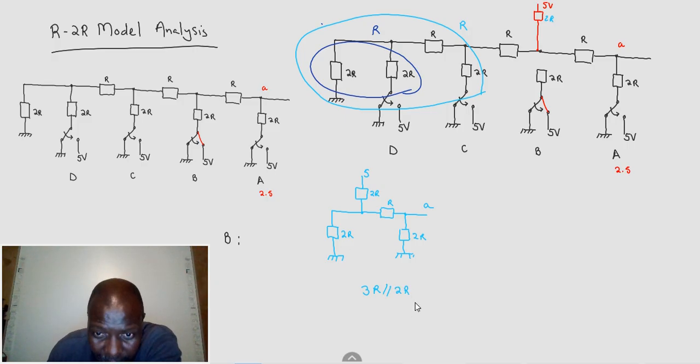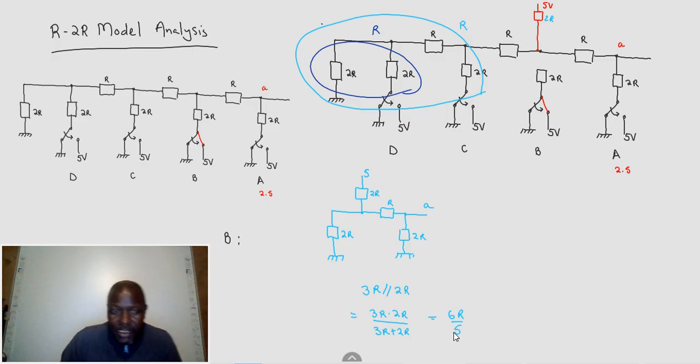And this gives us 3R times 2R over 3R plus 2R, and that gives us 6R squared over 5R. That will be 6R over 5. The R squared and the R resolve each other.